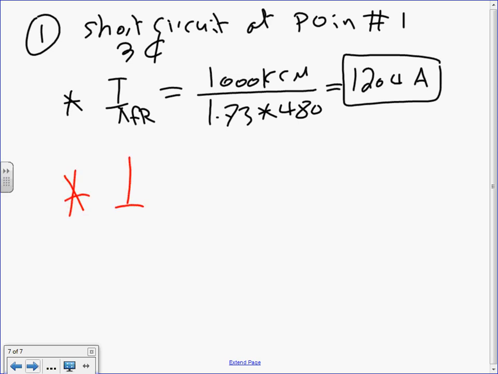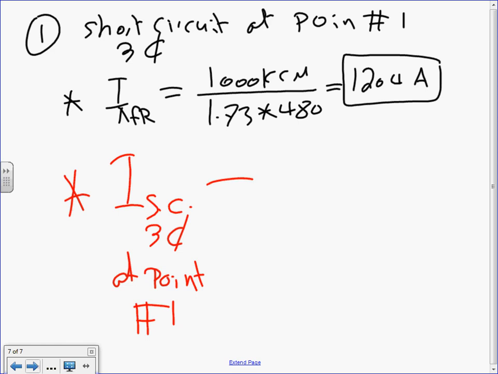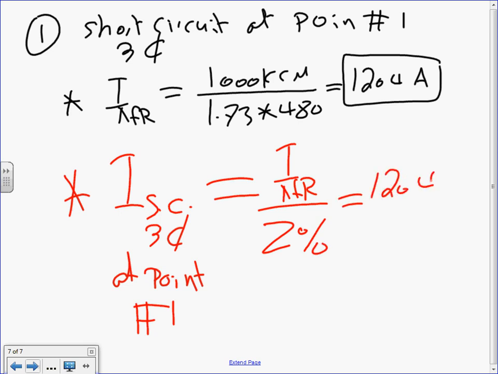I short circuit 3-phase at point number 1, right at the terminal of the transformer. Piece of cake. The rule is you take I XFR, the full load current of the transformer, divided by the impedance. So 1204 divided by the impedance, 0.035.